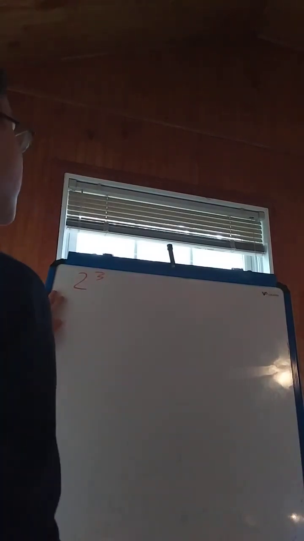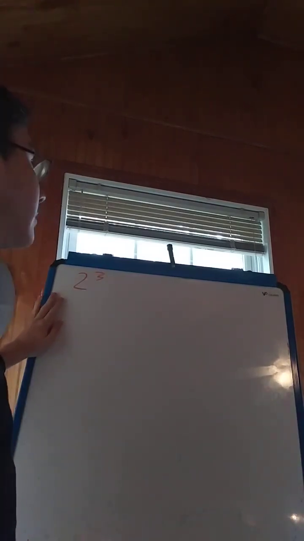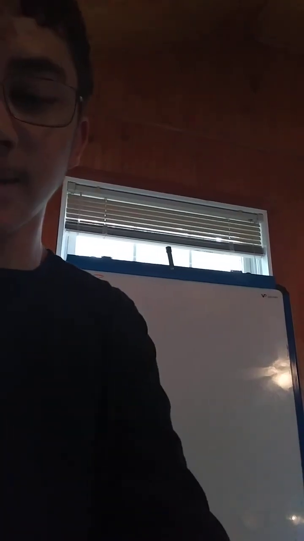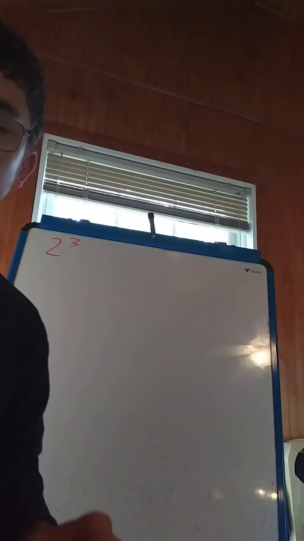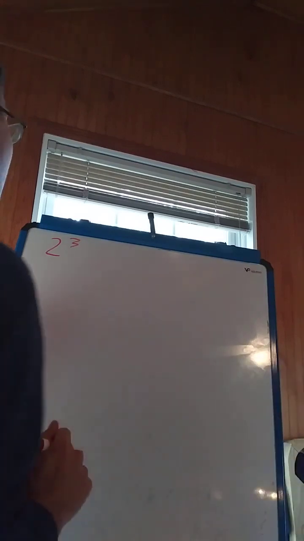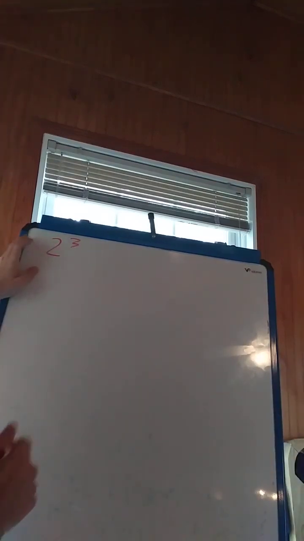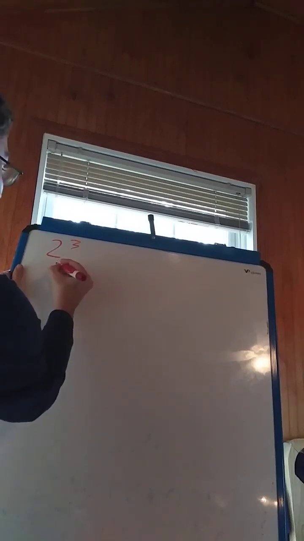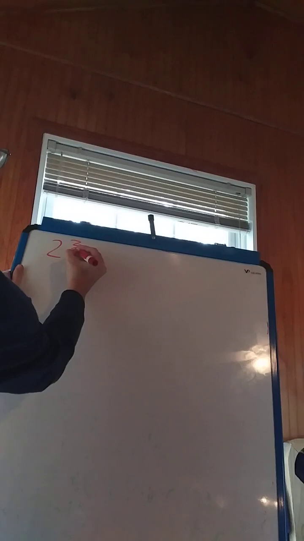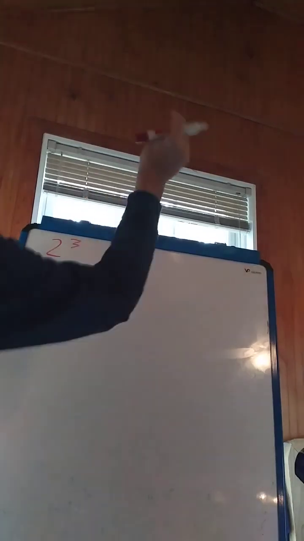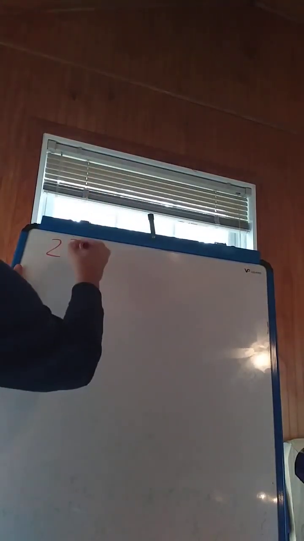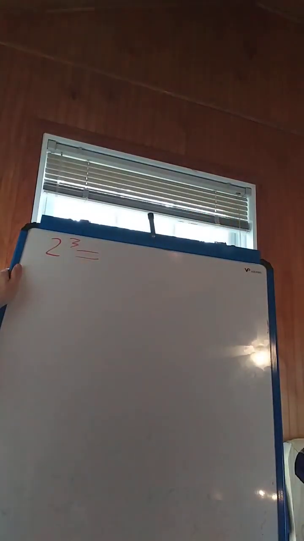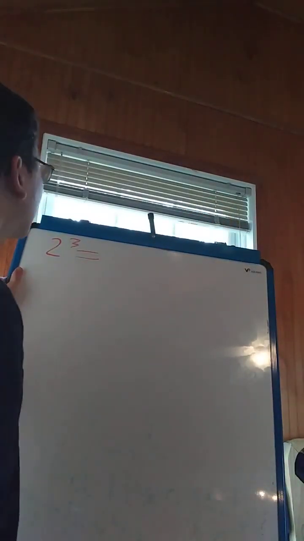This is what an exponent looks like, if you can see it. I'm actually going to move this over here so that you can see the board. Okay. So you have your regular number, and then you have a little number up at the upper right-hand corner. What does that mean?